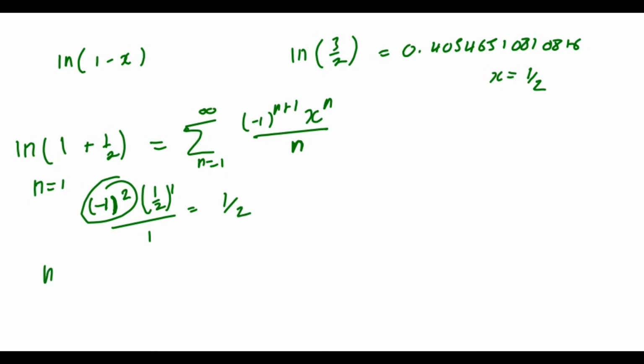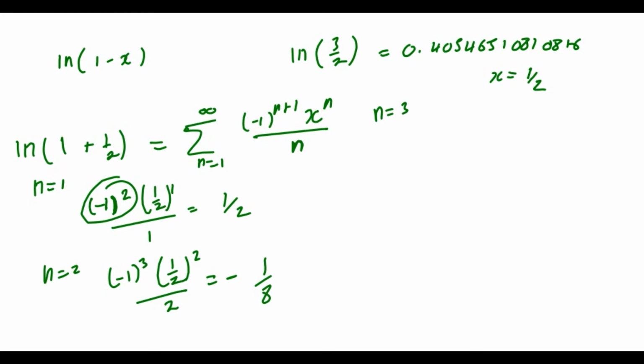Then if you try n equals 2, meaning this will be negative 1, then that's just going to be 3. You have 1 over 2 to the power 2 divided by 2 here. This is just going to be negative. This will be 1 over 4, meaning this will be 1 over 8 like that. Then try out n equals 3, for example.